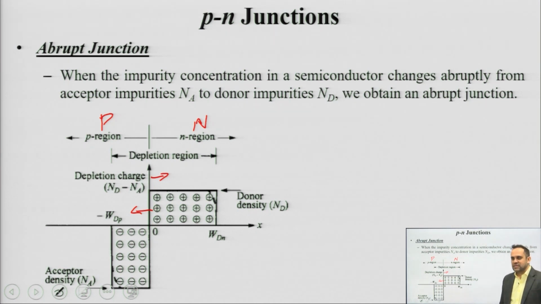This kind of assumption greatly helps in easing the analysis of the p-n junction. All the electrostatics associated with the p-n junction become quite easy and simple when you assume that you are working around an abrupt junction. It is easier to write the equations, and it is easier to identify boundaries and limits for the mathematical analysis.